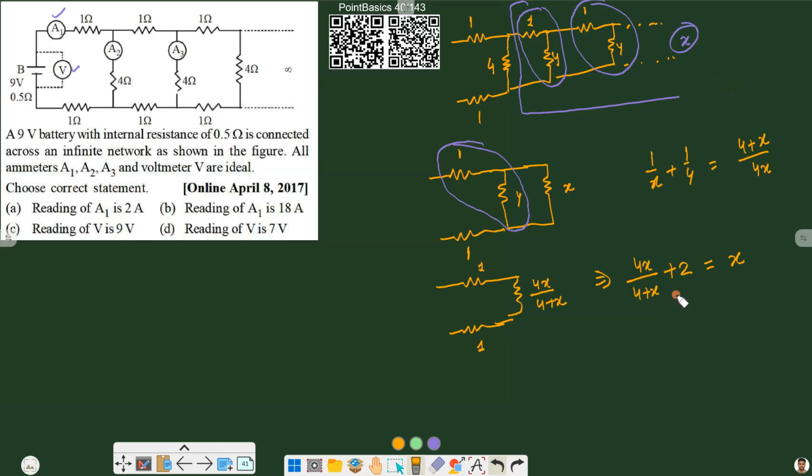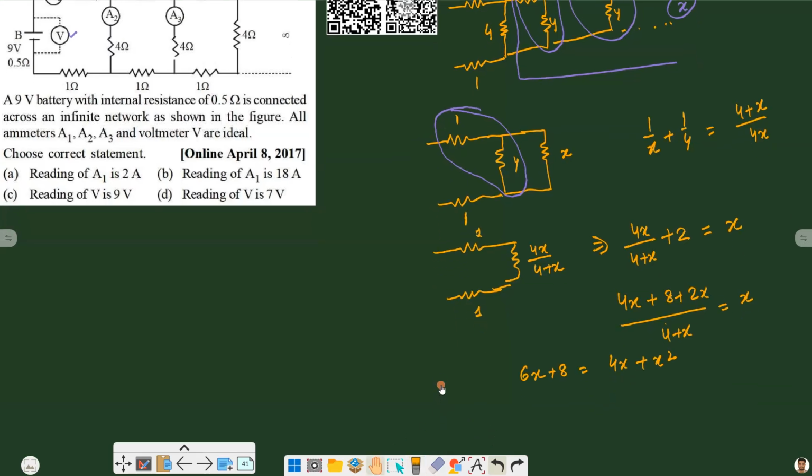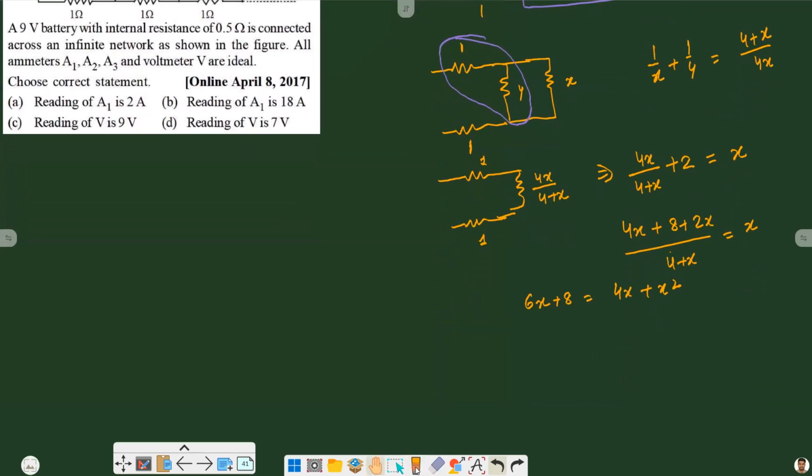So now what we can do, 4x plus 8 plus 2x, over 4 plus x, is equal to x. So this will be 6x plus 8 is equal to 4x plus x square. Solving further, we will get x square minus 2x minus 8 is equal to 0.